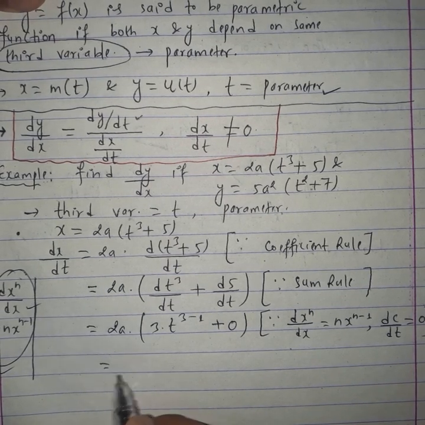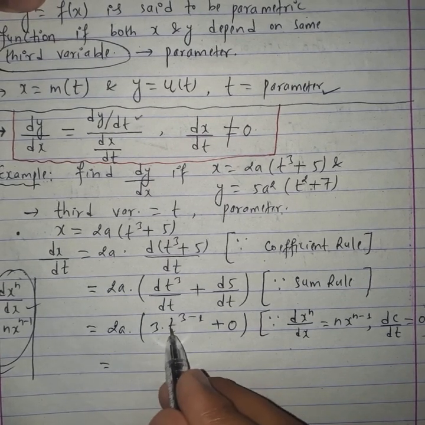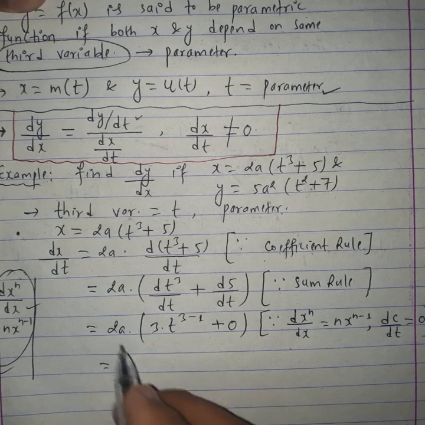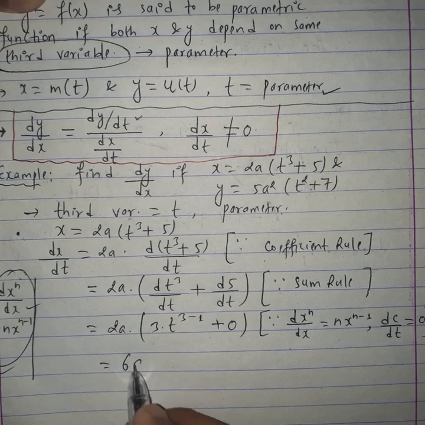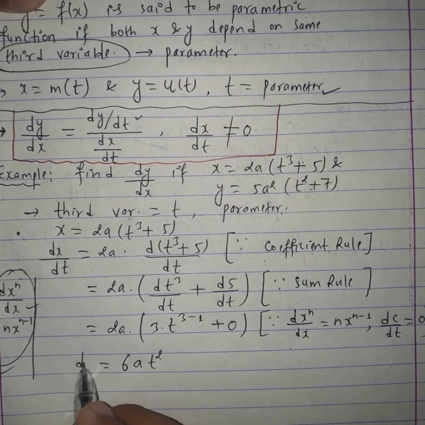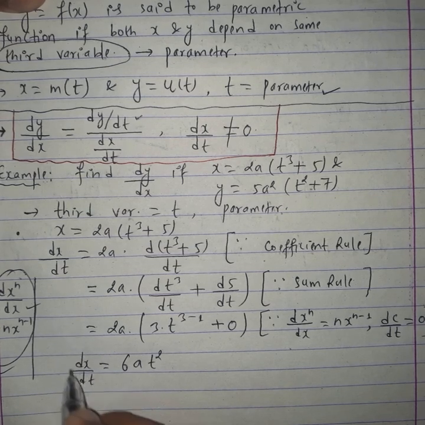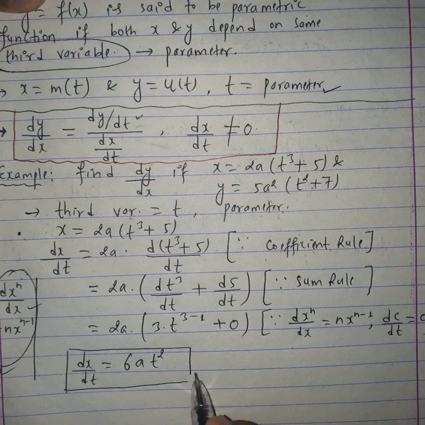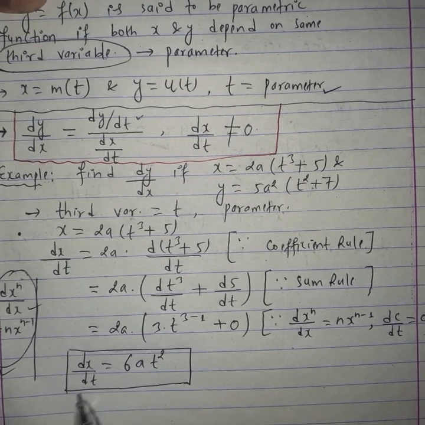Let's simplify this. Here t to the power 3 minus 1 gives 2 t square, 3 times 2a gives 6a and t square. Here we finally obtain the result dx over dt is 6a t square. This is the derivative of x with respect to the third variable t.